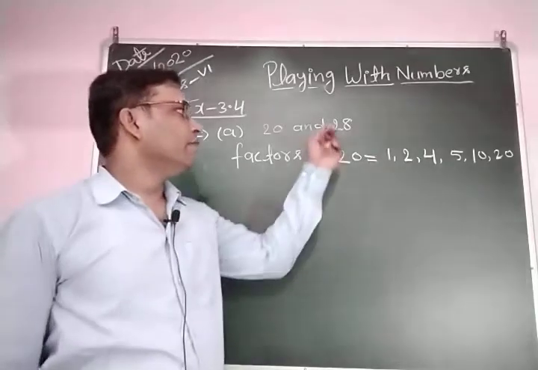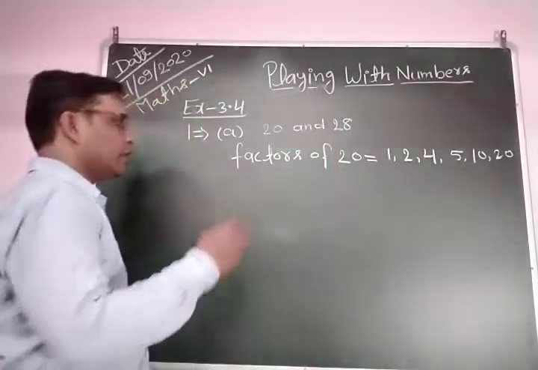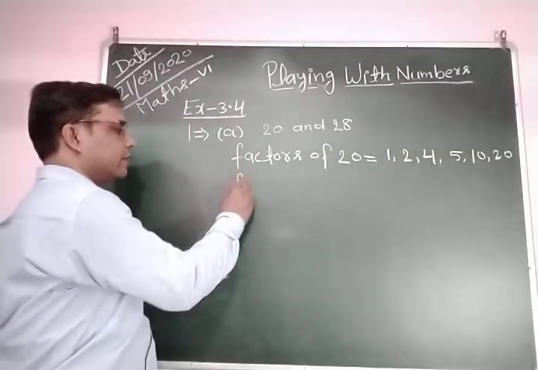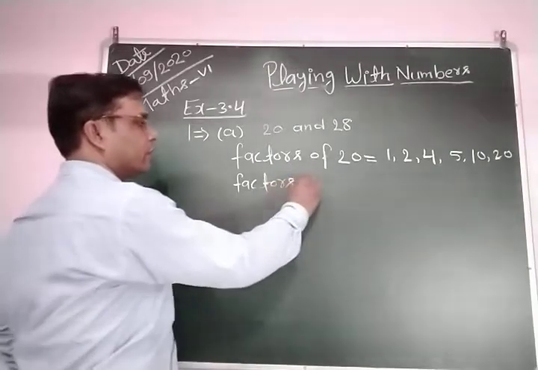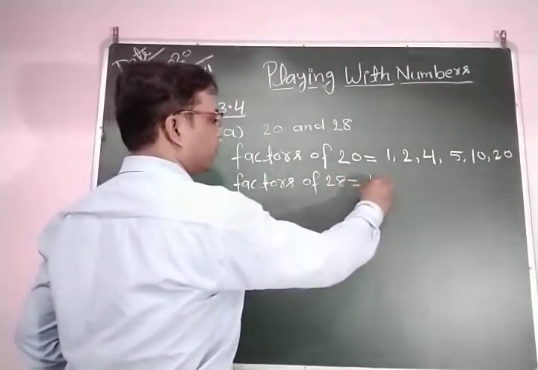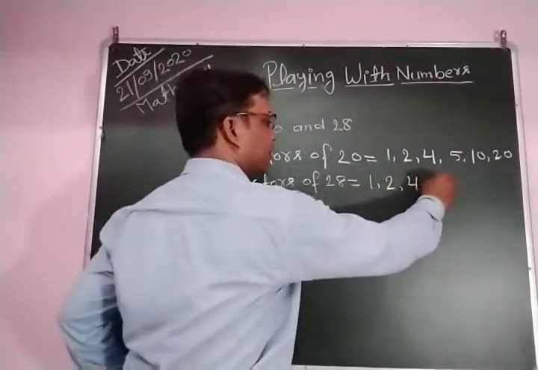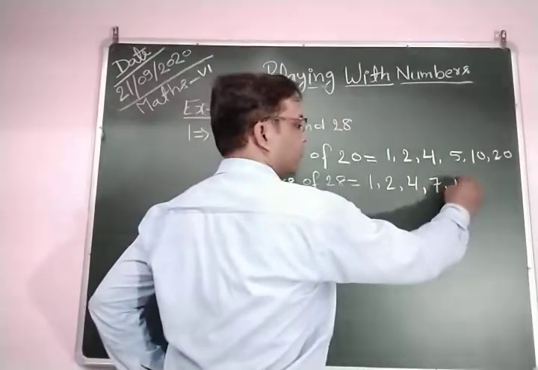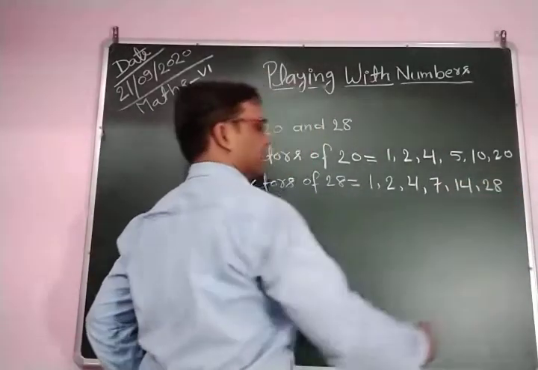Now we need to find the factors of 28. So what are the factors of 28? You can write here, factors of 28 are 1, 2, 4, 7, 14 and 28 itself.